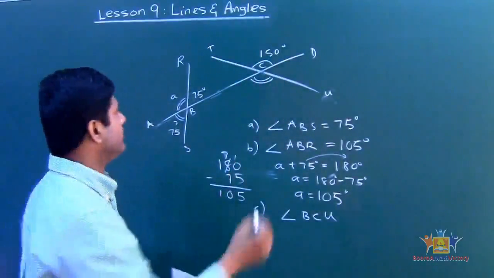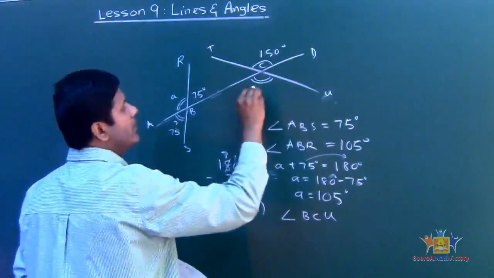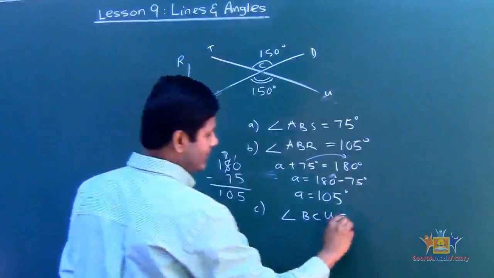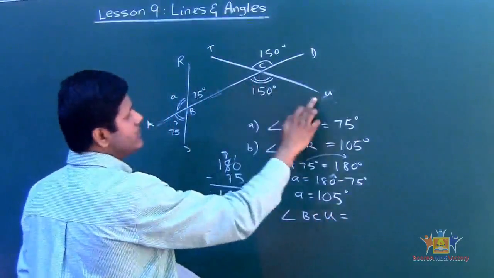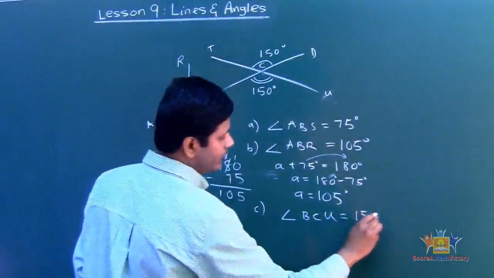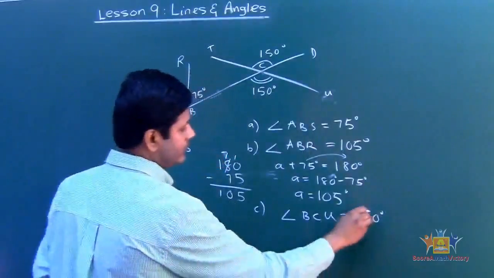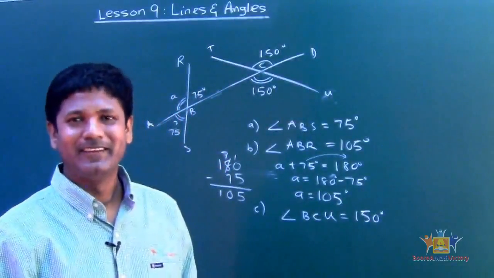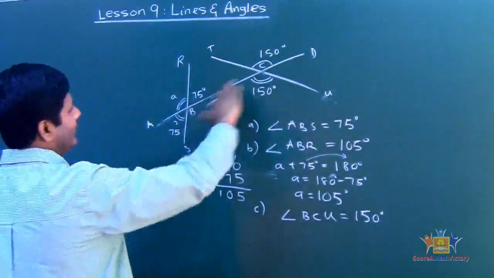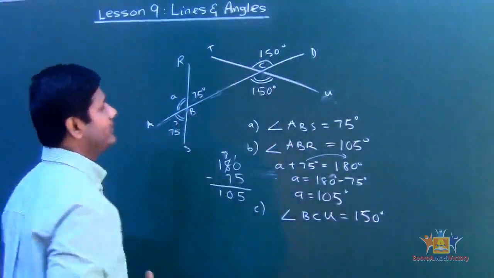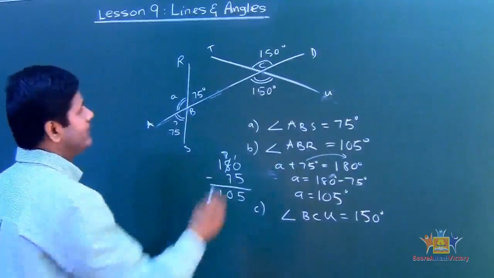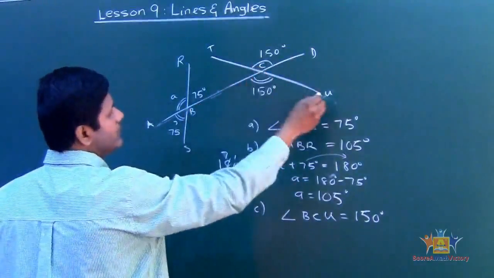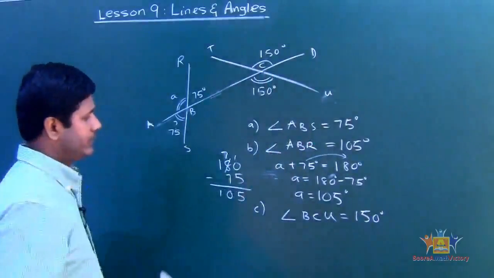So if this is 150, this would also be 150. So BCU is 150 degrees. Pretty easy, isn't it? Straightforward. That angle is the same as that angle. This C is referring to this point right there, so for BCU you're looking for that angle.